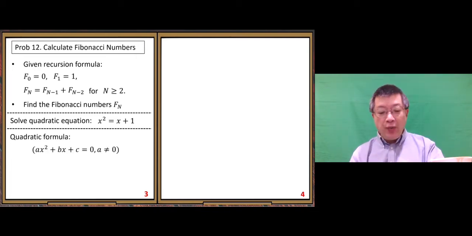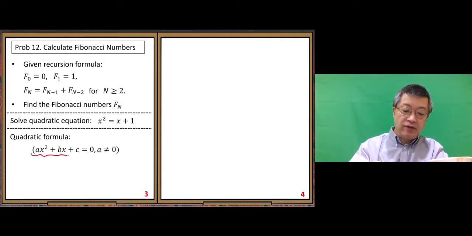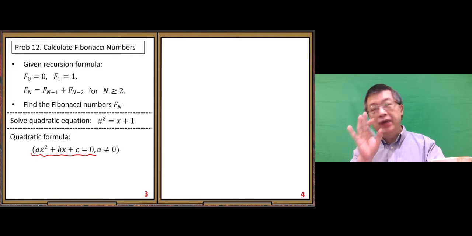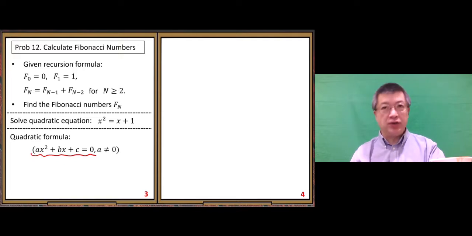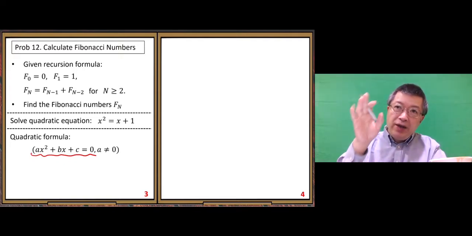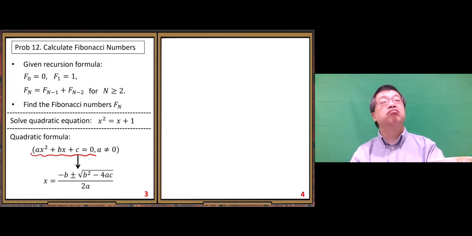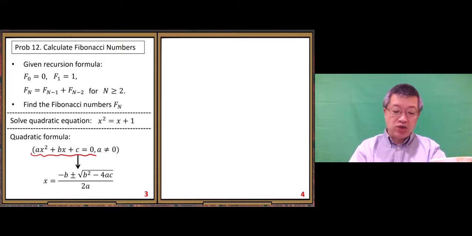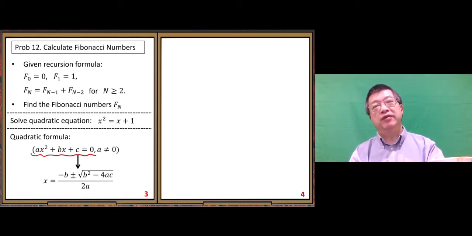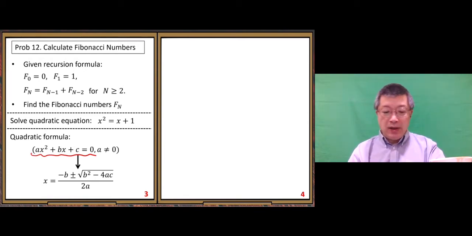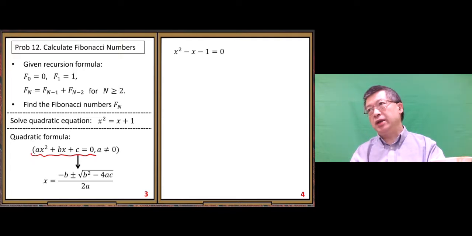When we have a standard quadratic equation in this form, with A not equal to 0, otherwise it won't be a quadratic equation, we can write the two roots of this equation in this way. Very famous formula. Now let us use this formula to solve our current quadratic equation.